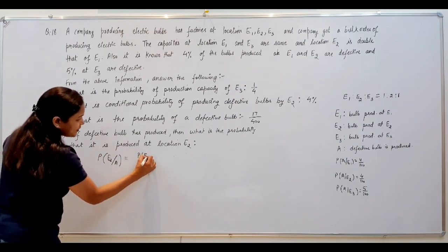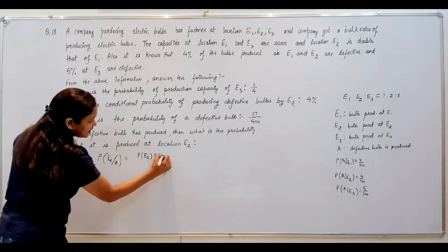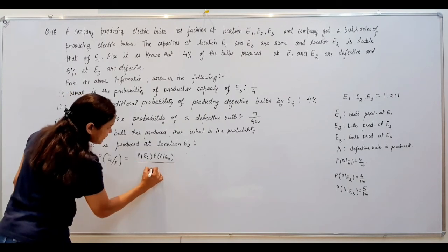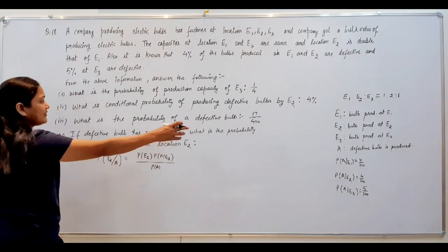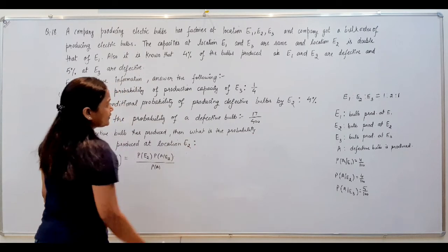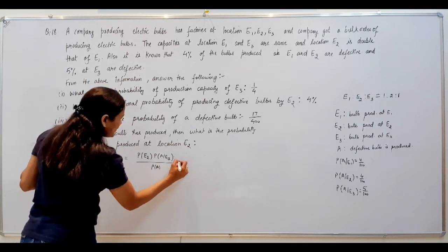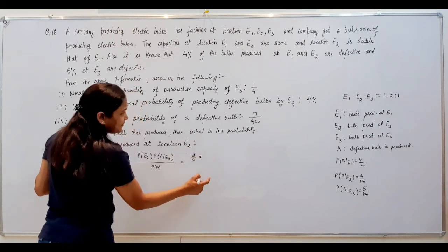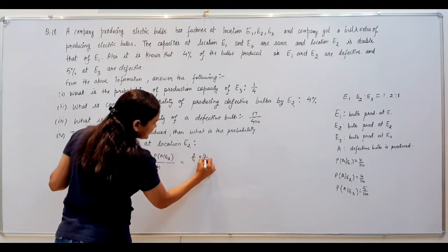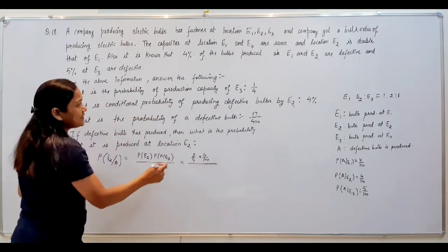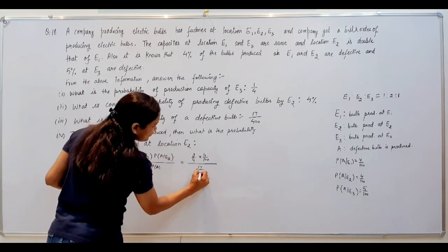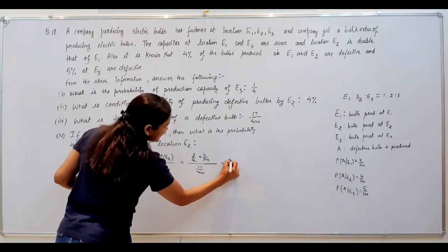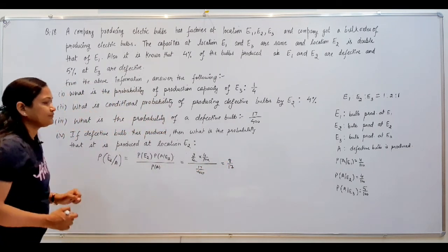So this will be equal to probability of E2 into probability of A given E2 divided by probability of A, and you have already taken out the probability of A. Now probability of E2 is 2 by 4 multiplied by probability of A given E2 is 4 by 100 upon probability of A is 17 upon 400. Now 400 can be cancelled out, and this is 8 by 17.